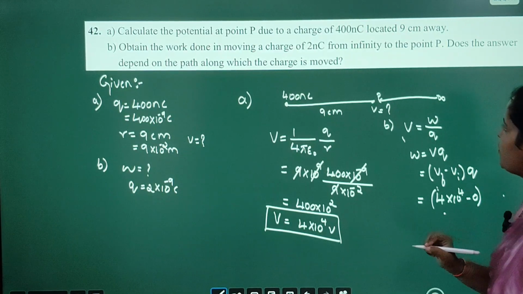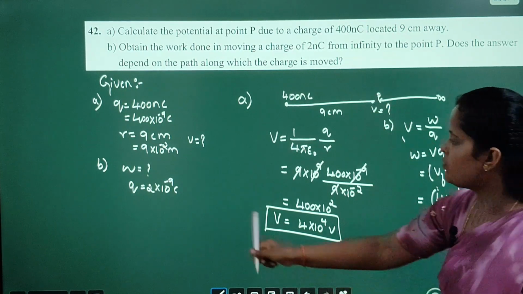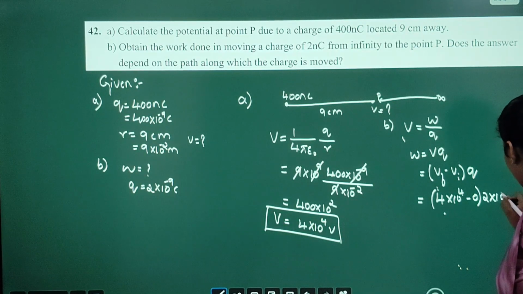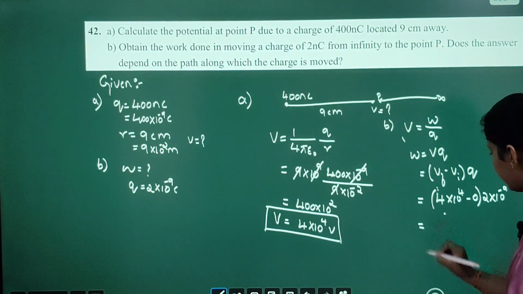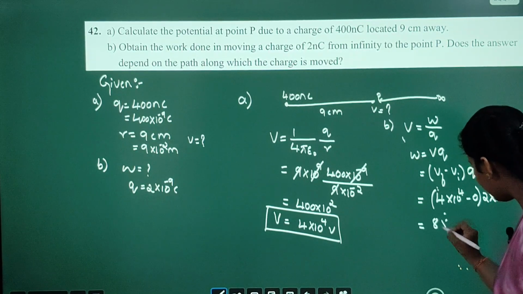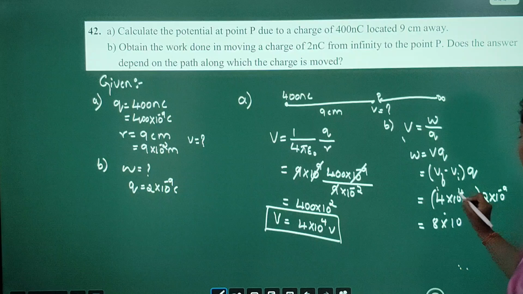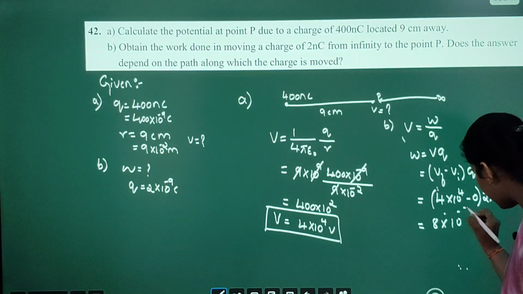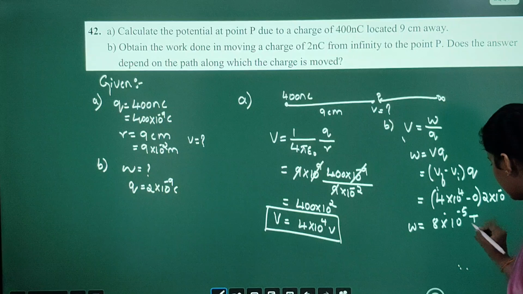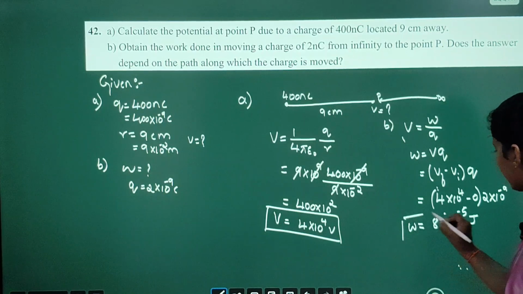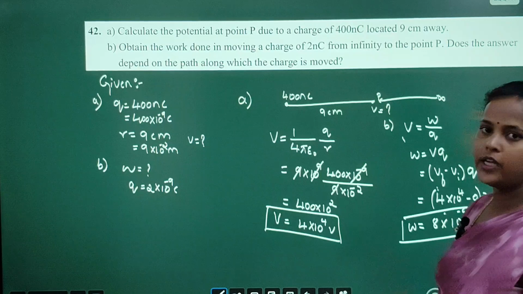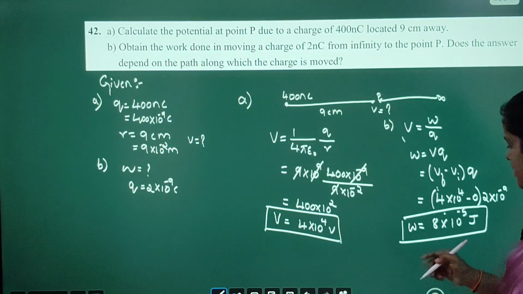What is the charge here? 2 nanocoulomb, which is 2 into 10 to the power of minus 9 coulomb. Just multiply: 4 twos are 8 into 10 to the power of minus 9 plus 4, that is 10 to the power of minus 5. The SI unit of work done is joule. So this is the work done to move the charge from infinity to the point P.